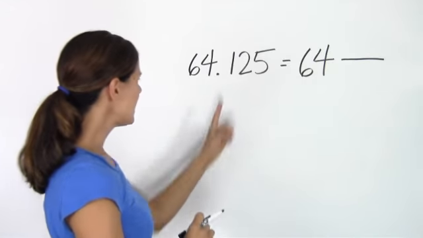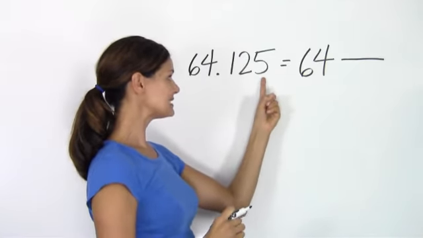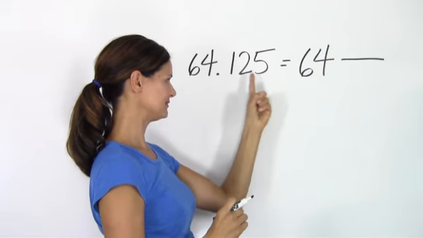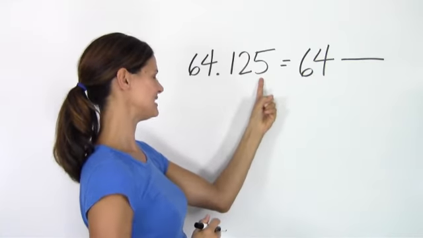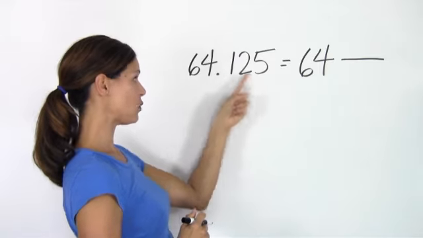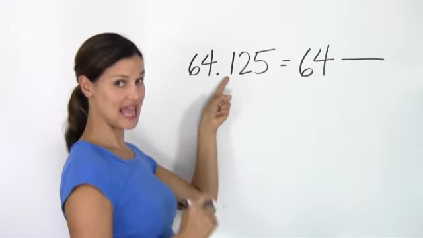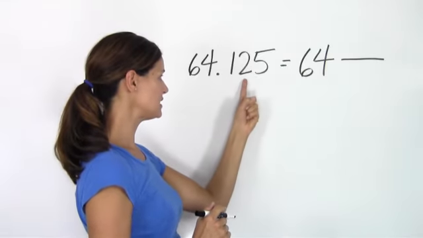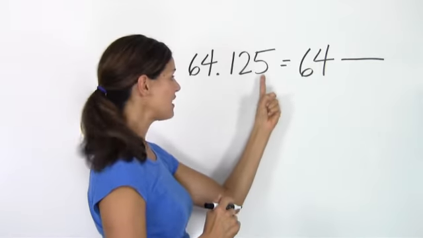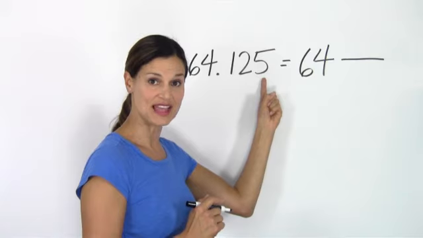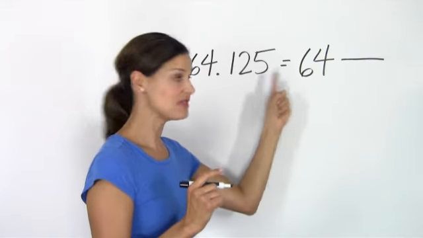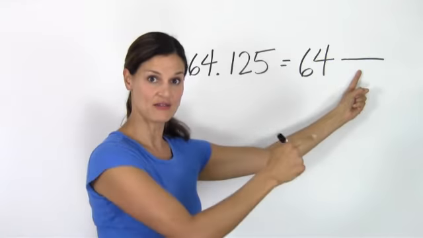So what I do is I go over to the last number of my decimal, and I count over to see what position my last number is in. My 1 is in the 10th place, my 2 is in the 100ths place, and my 5 is in the 1,000ths place. And that will be the denominator of my fraction.